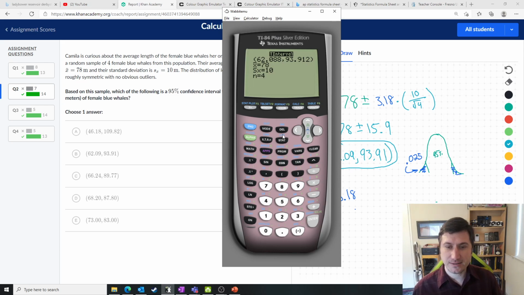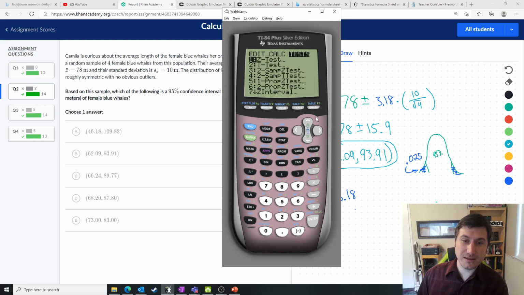All right, so you go to stat, and then to tests. It's where all the hypothesis tests are, and the intervals are all in the same place for the 84. So if you remember, the 1 proportion z interval is also here. All that stuff is under tests. Then we got to find what we need, which is a 1 sample t interval.